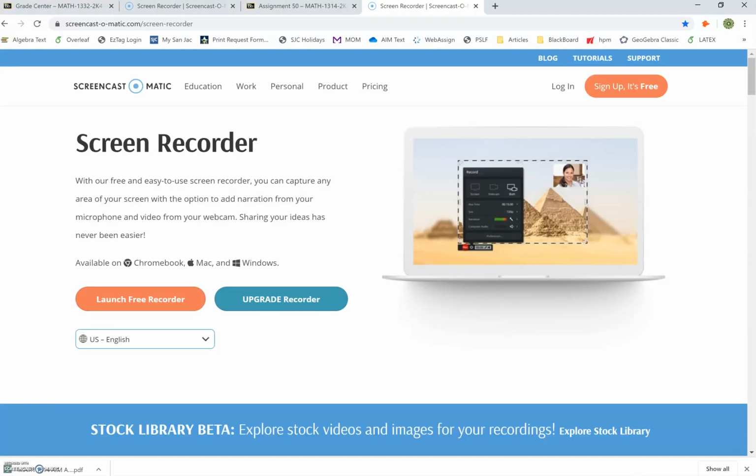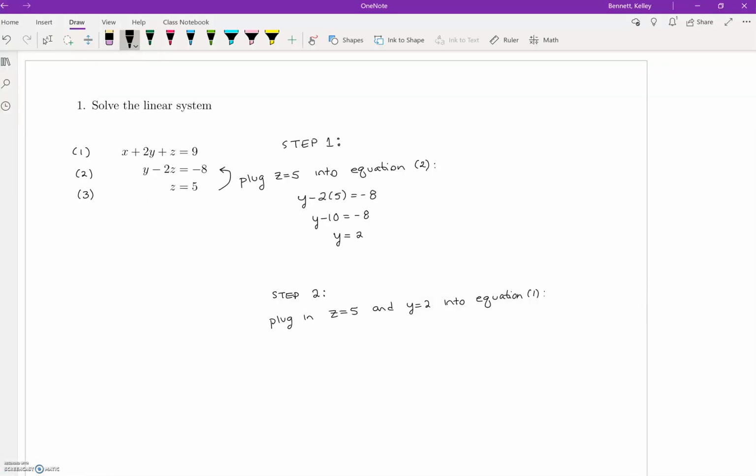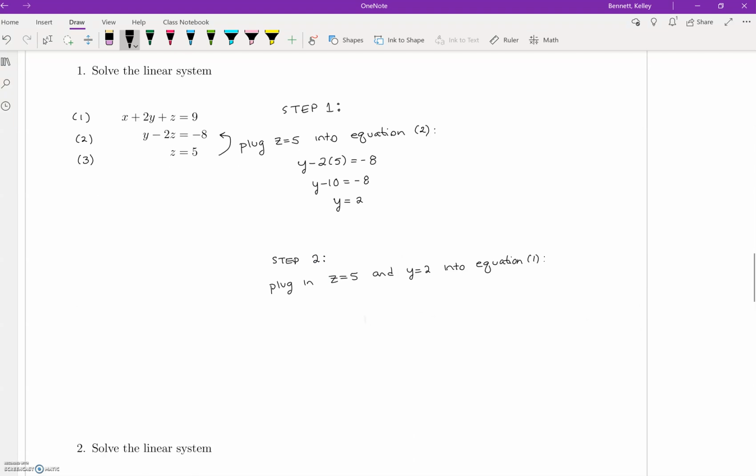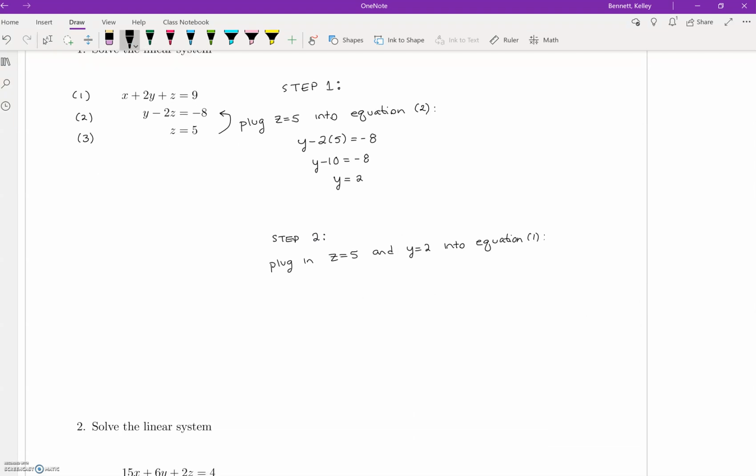So equation 1 says x plus 2 times the value of y, we found y to be 2, plus z, which we know is 5, equals 9. So we get x plus 4 plus 5 is 9. This equals 9. I'm going to subtract 9 from both sides and I'll find that x equals 0.